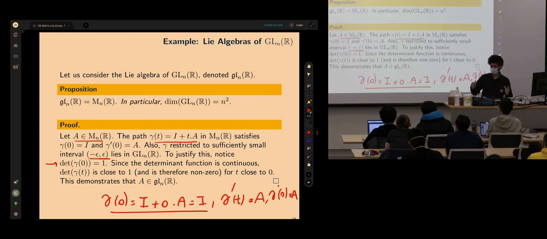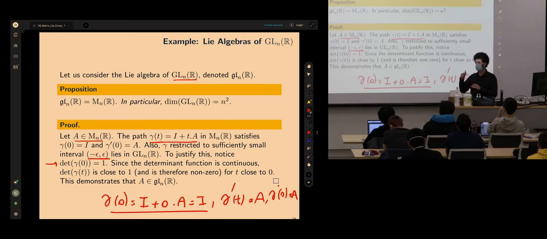It cannot just change widely. It will change a little by little as you change t a little by little. That shows that if you constrain this interval to be small enough, gamma defined by identity plus t times A ends up being invertible, the determinant is non-zero, therefore gamma is indeed in the general linear group for all t in that interval.